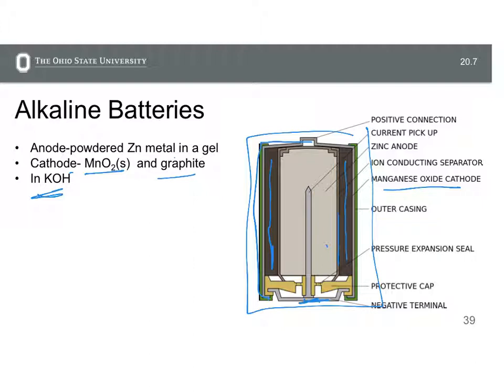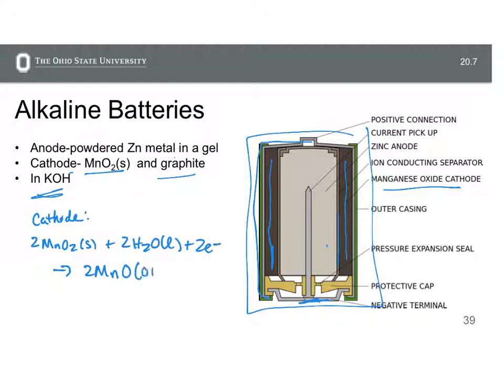So for half reactions at the cathode, so our reduction, we'll have 2 MnO2 solid plus 2 water plus 2 electrons forming 2 MnOOH.